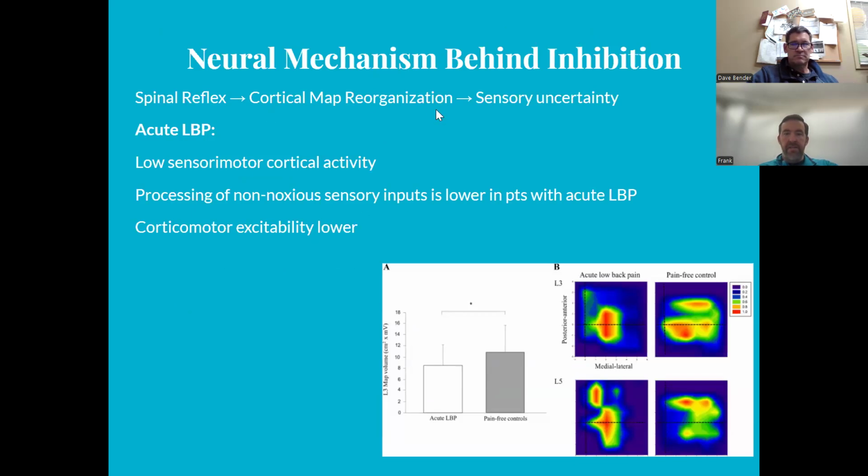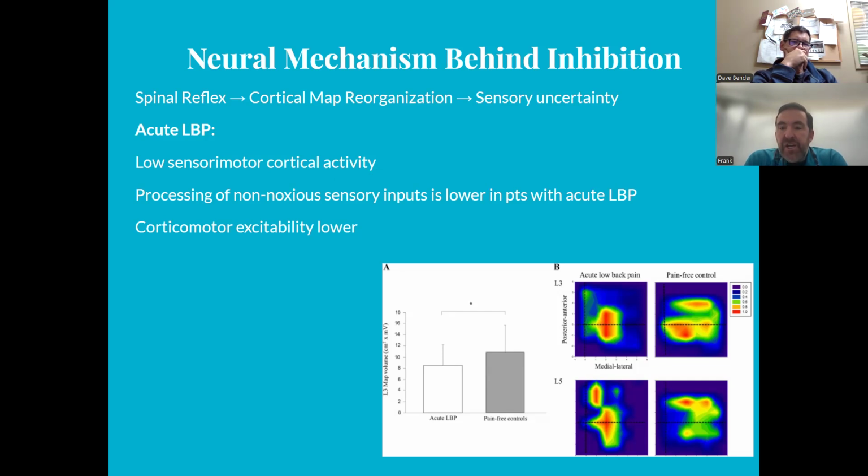So if you think about this, it gets a little bit back to the Bielaski article last hour. You have this spinal reflex change, which then feeds forward into this cortical map reorganization, and then this sensory uncertainty. So you think about in the spine, they can measure this with functional magnetic resonance imaging.